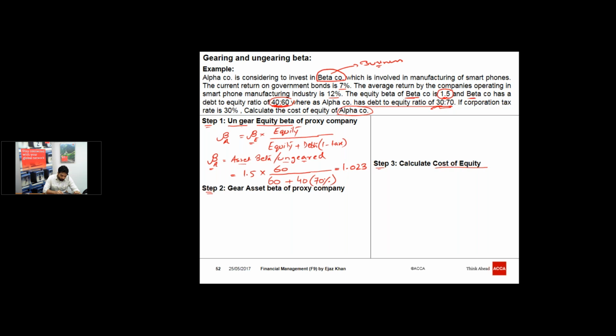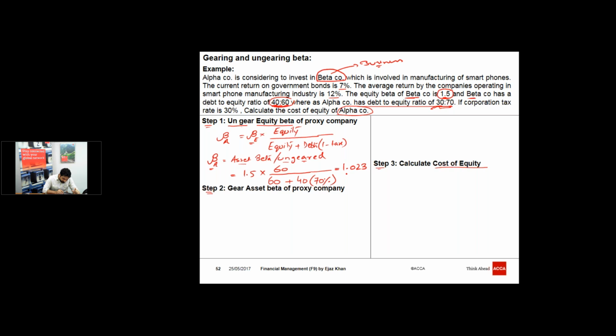But this value is lower than the equity beta because it no more has financial risk in it. We have offloaded the financial risk of Beta Company from this value. Now it purely reflects the risk of the business only, and it does not have any financial risk.